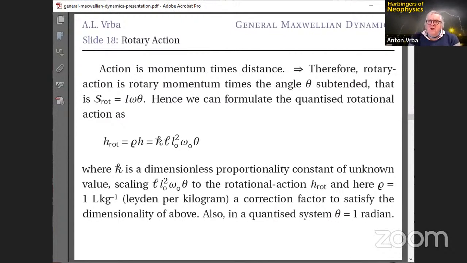I omega would be the rotary momentum. Hence, we can formulate quantized rotational action as rho h. Rho is basically used as a unit conversion, because I haven't got kilograms in the right-hand part of this equation, and H has kilograms in it, or rather joules. Therefore, I have some form of a coupling constant K, my load.